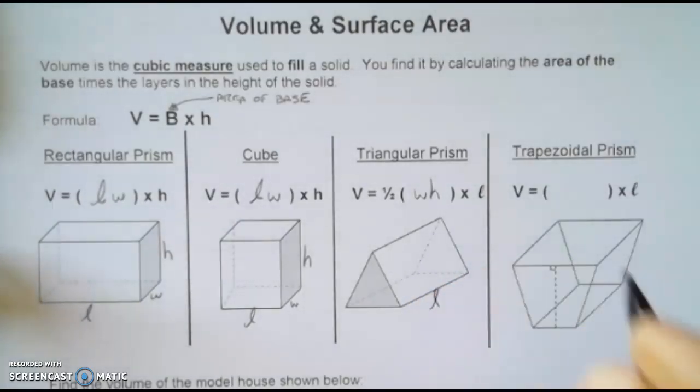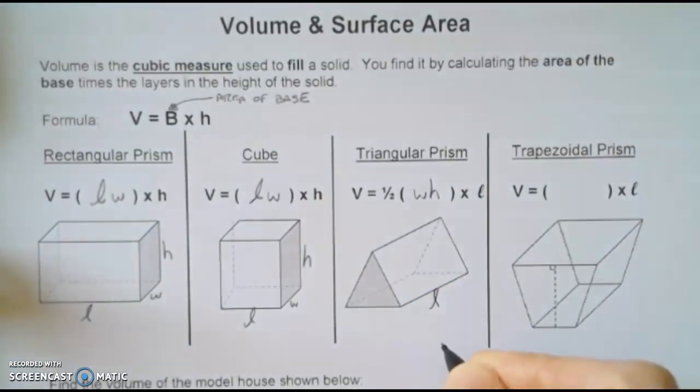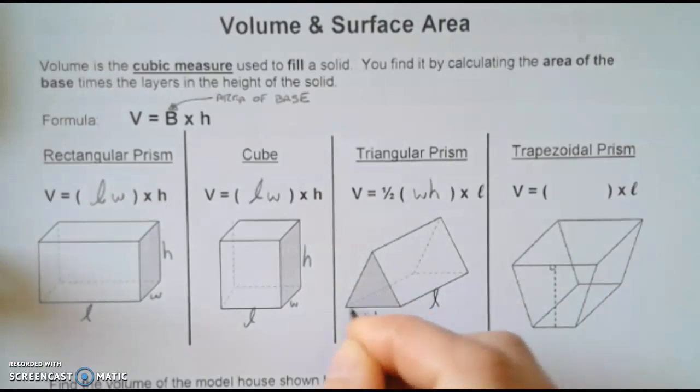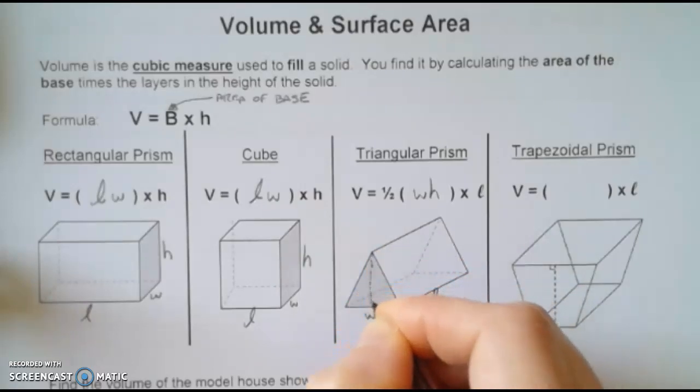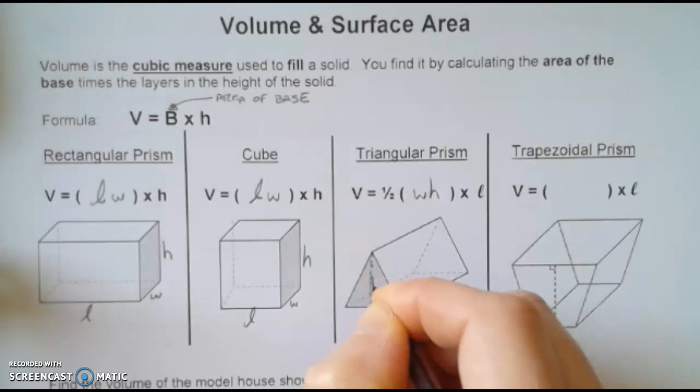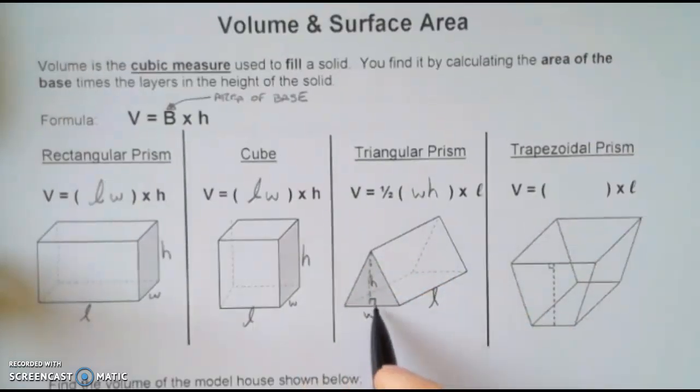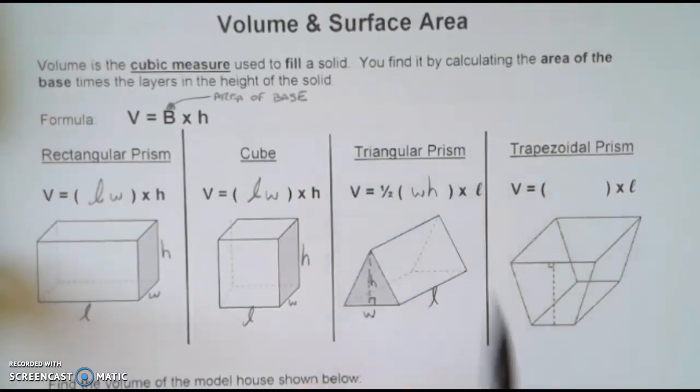And then the width and the height have to be perpendicular to each other. So the width would be this value here multiplied by the height, which is perpendicular to the width. Remember, it's got to form a right angle right there.